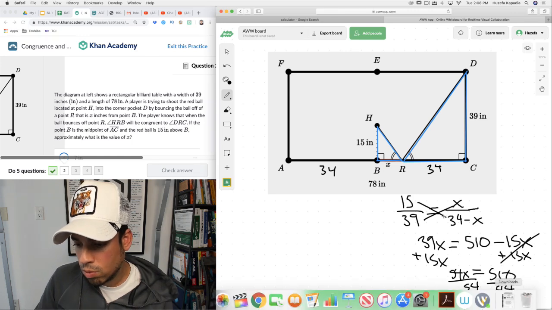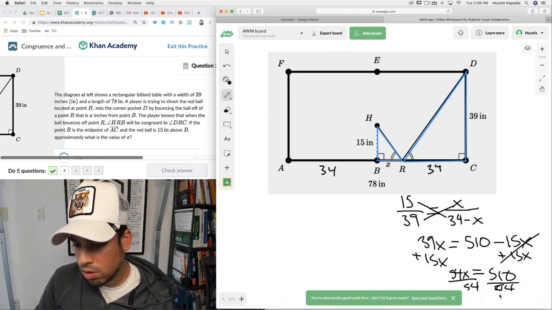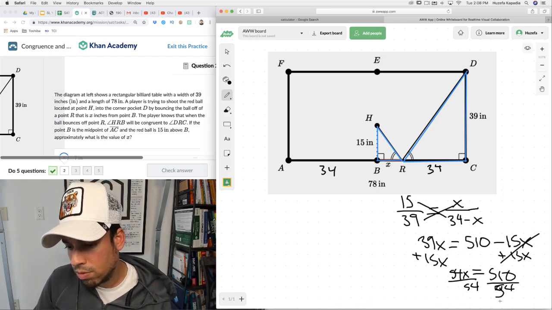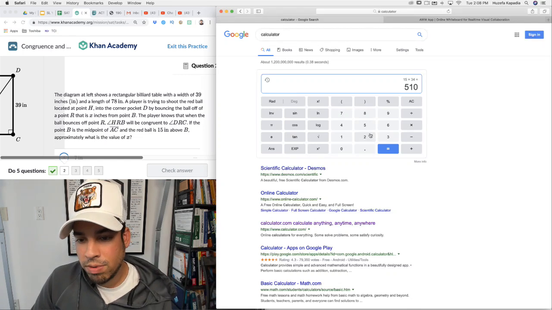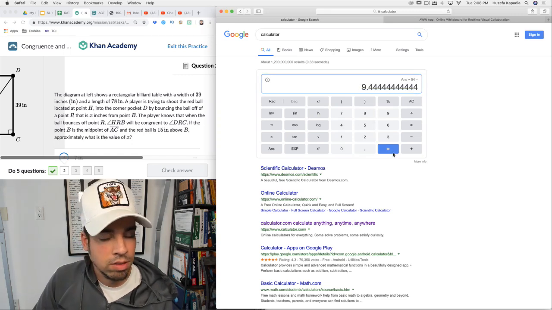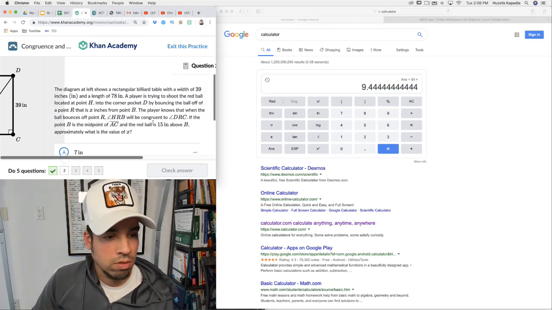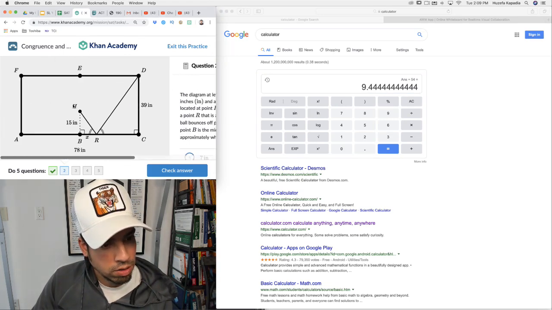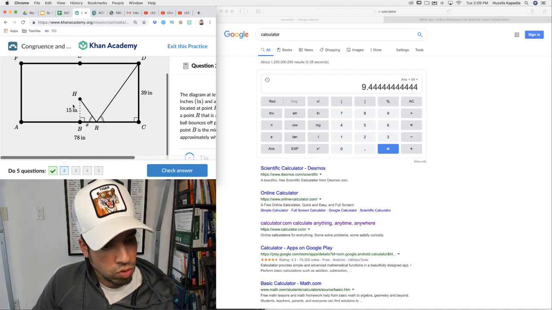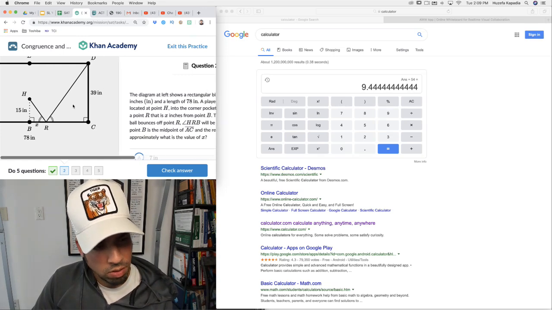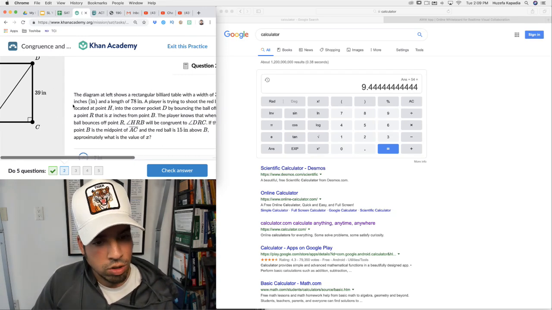Whoa, what's going on? 54 doesn't go in evenly. 510 divided by 54 is 9.4. So I guess it's about 9 inches. I hope I did all that math right. That's weird. It looks right, you know? So I'm going to roll with it.